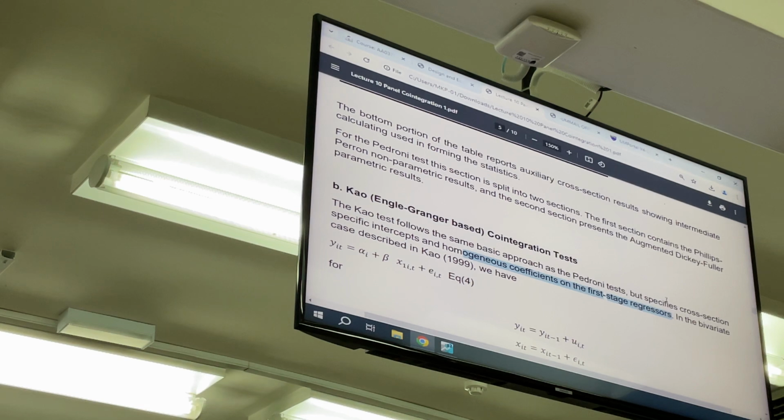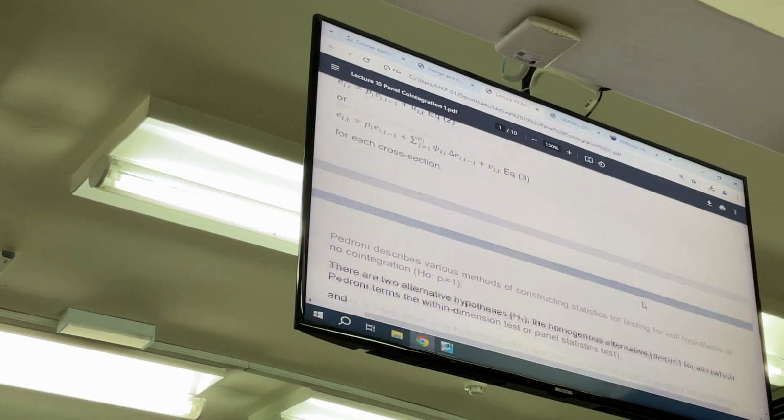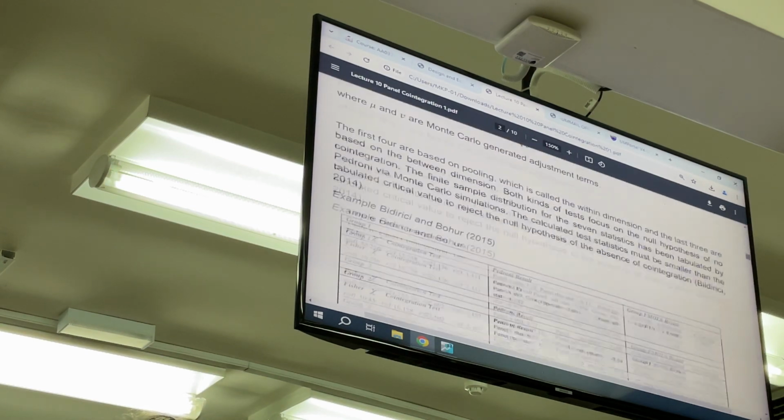Then Kao tries to modify that. How about Pedroni? Pedroni is earlier, somewhere in 1999, and Kao also 1999, 2004. So both came in the same years, right?